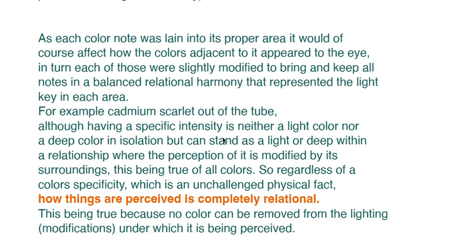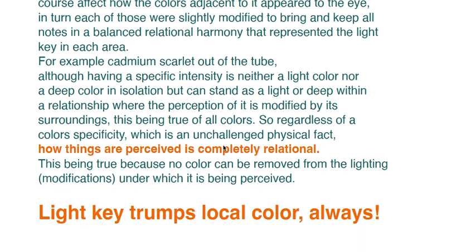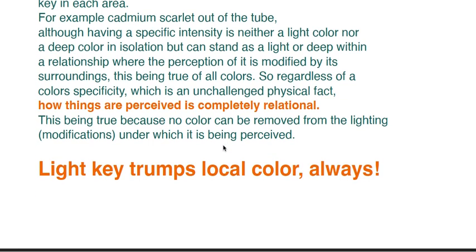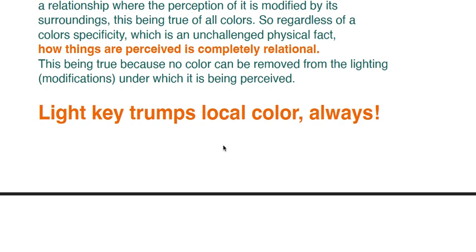So everything is relational. We have to be always comparing and scanning our subject matter. And so no color can be removed from the lighting modifications on which it's being perceived. So therefore, light trumps color, local color, always.